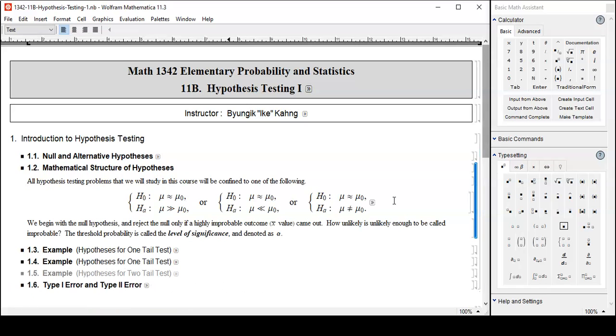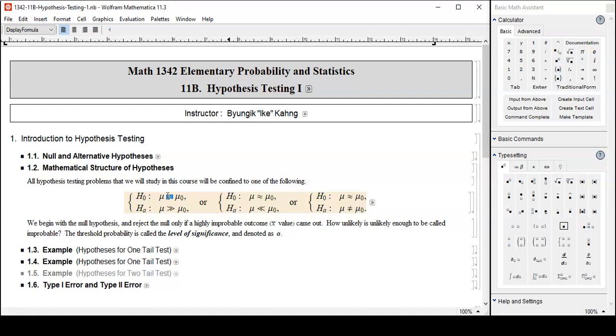And here is a mathematical structure. The hypothesis testing problems look like this. So the real mean is approximately the same as the mu0 value, the null value. And please note that I'm using the approximate equal sign because nothing is accurate in statistics, particularly here in hypothesis testing.